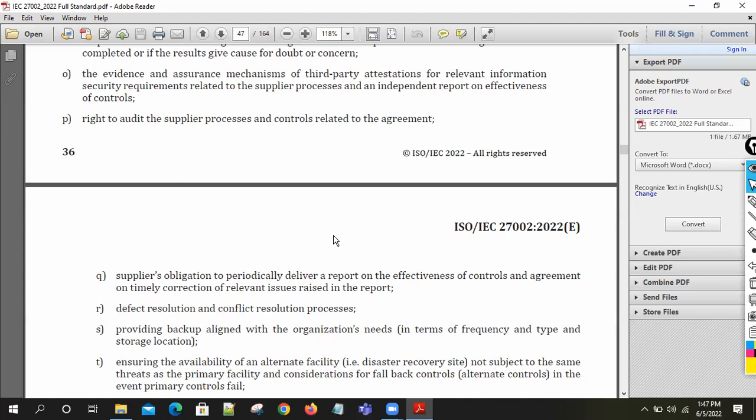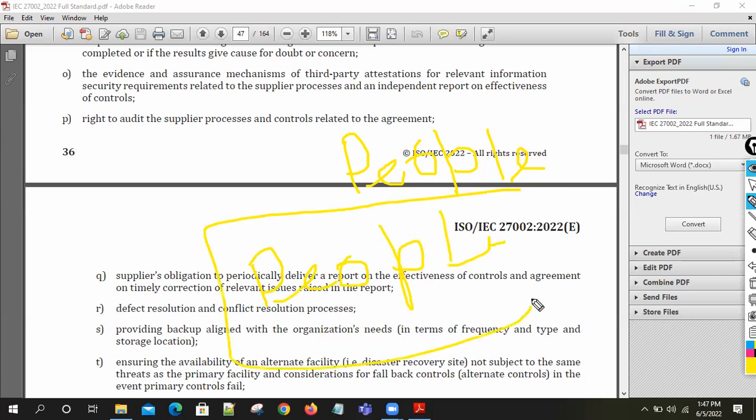Overall, these controls come under the category of people related controls, which we use when a risk related to people is there.